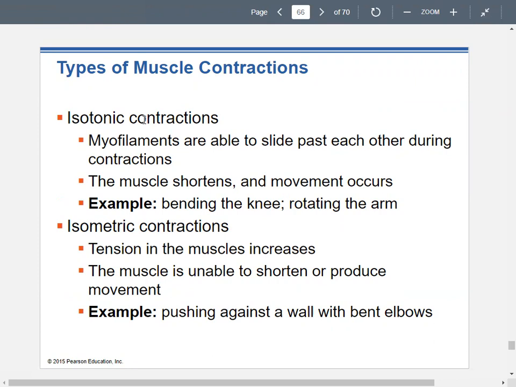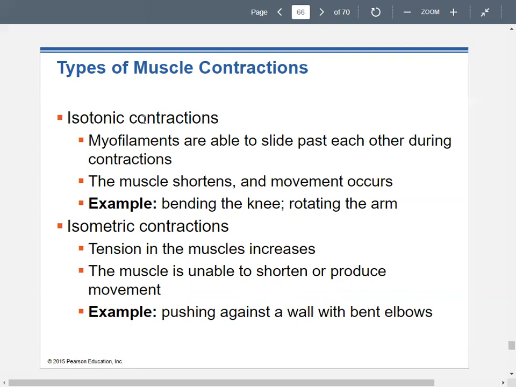So most of the time, these are what you normally see, isotonic contraction. And remember, iso means same. So in isometric reactions, you're actually increasing the tension, right, but the length isn't changing. All right, so the muscle is unable to shorten or produce movement.